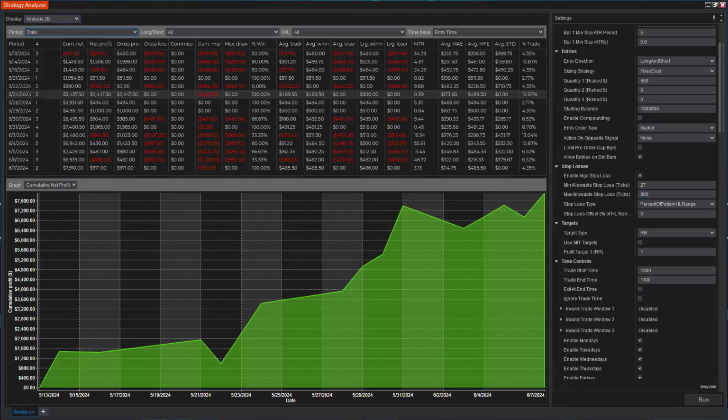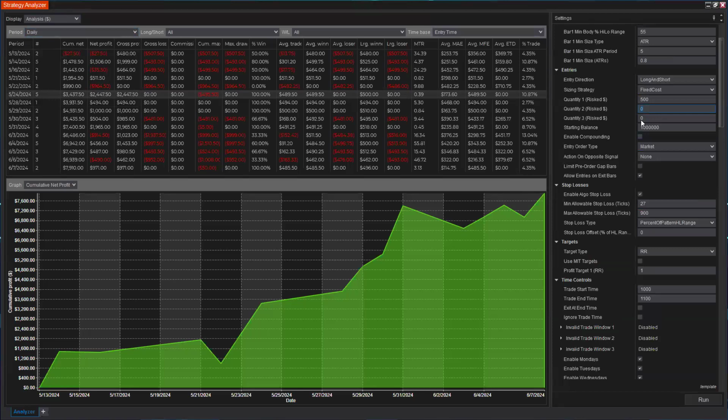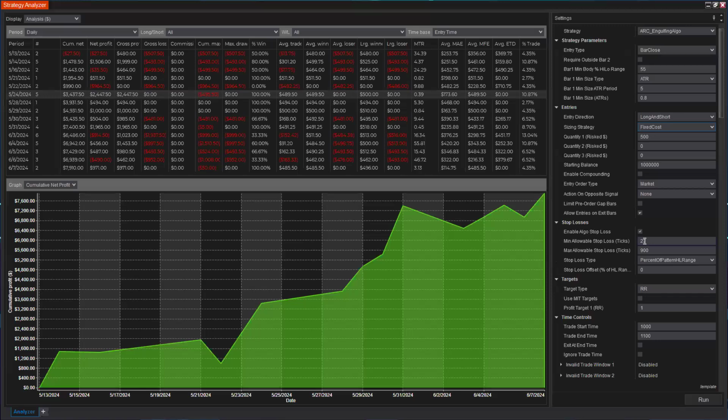Cool. What else? We said sizing the position. Again, we kind of looked at that. Let's say you want to run 2 targets or a trail stop. Let's look at that. So what we're going to do is, bear with me a second.